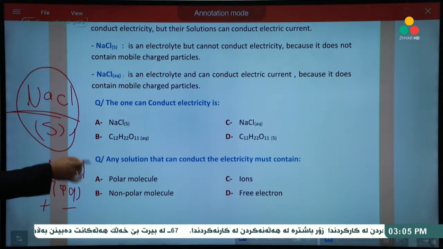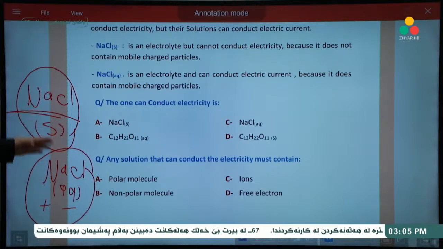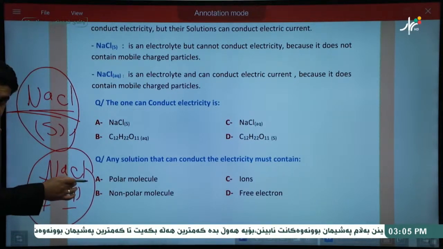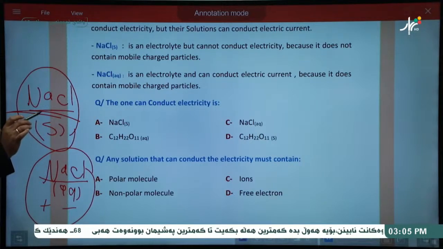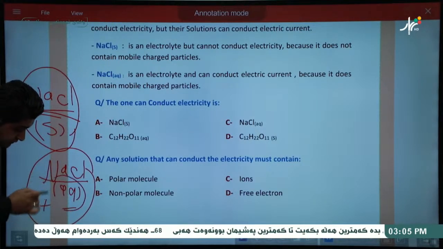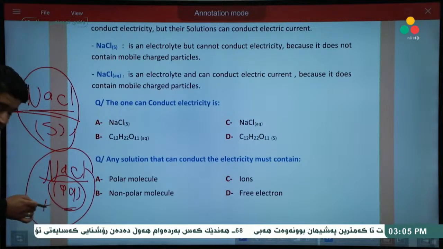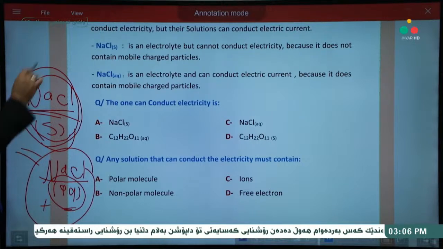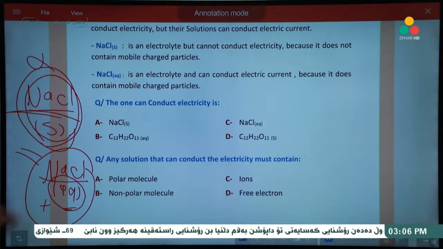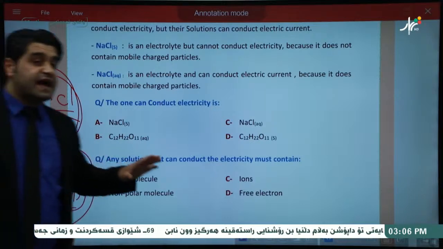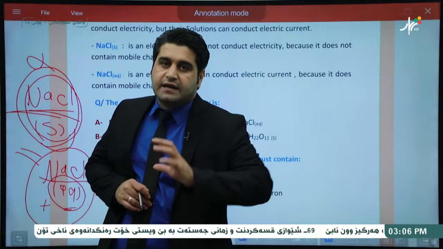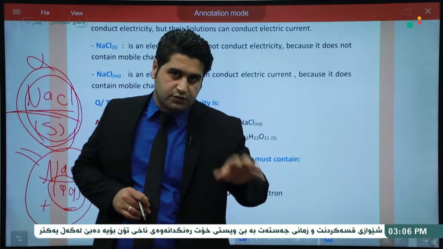So here, which of the following examples can conduct electricity? Actually, both are electrolytes because this is a salt. We know salts are electrolytes, but this one is in water and contains positive and negative ions, while the other is not in water, so it cannot conduct electricity. For a question that asks which can conduct electricity, it should be aqueous and it should be an electrolyte.